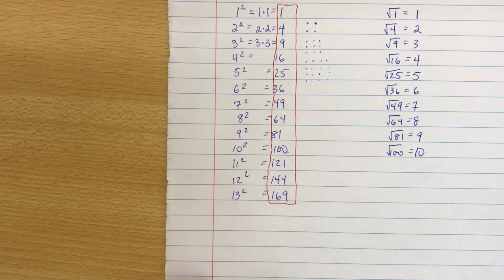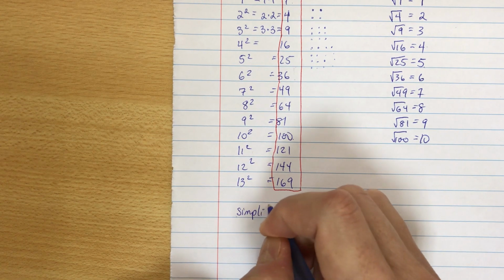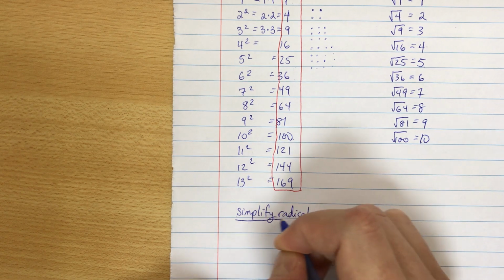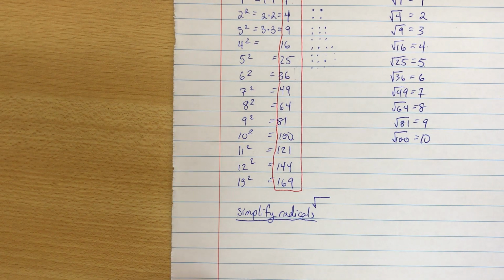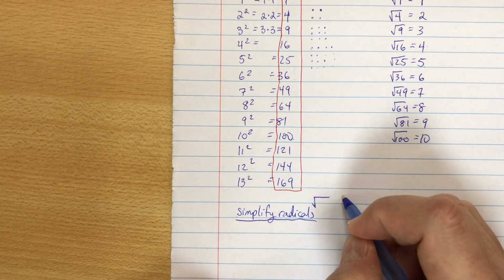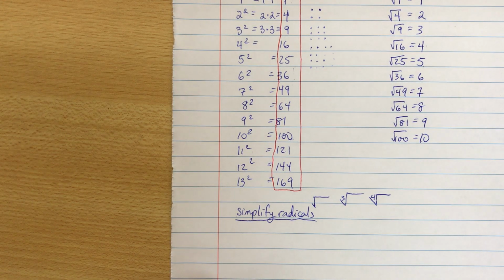Okay. Now, the main topic is simplifying radicals. A radical symbol is basically this symbol right here. When you get into Algebra 2, this is for a square root, but you can also have a cube root, a fourth root. These are all radicals.